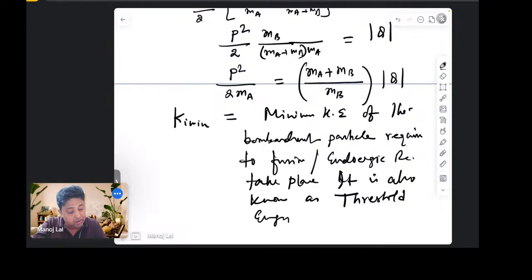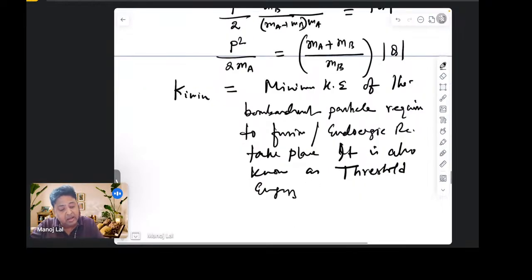Threshold energy. So I can say the K initial minimum is basically K threshold.